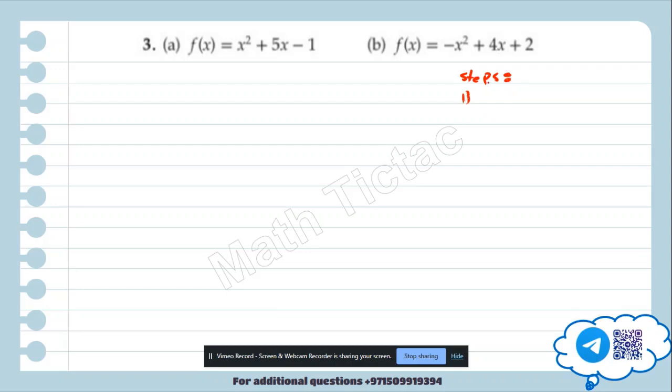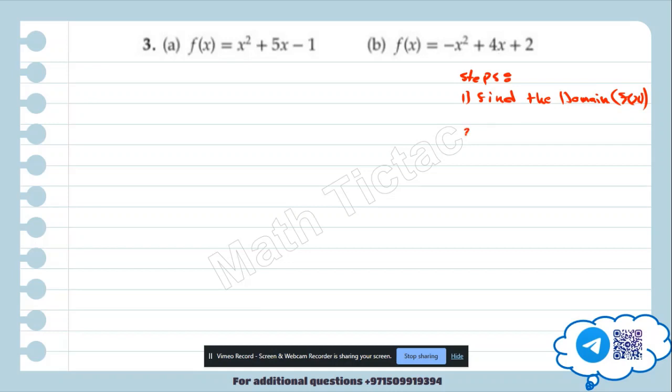Starting with the first step, you have to find the domain of the given function. So if it's f, it will be the domain of f of x. Okay, so this is my first step.